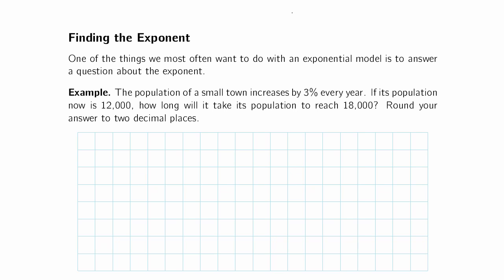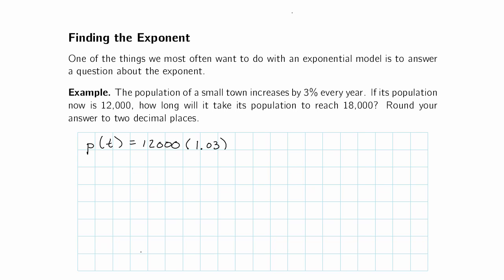How would we solve this? Well, first we would write our exponential model. So our population as a function of time is our starting population of 12,000, the population is now, times our multiplier. If we increase by 3%, that means we have a multiplier of 1 plus 3%, so 1.03.